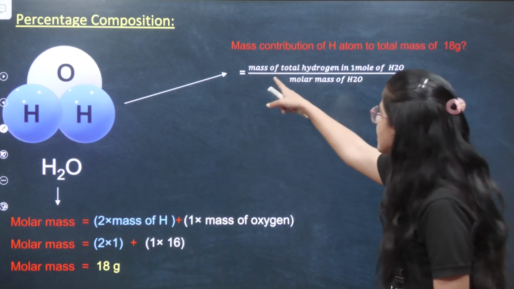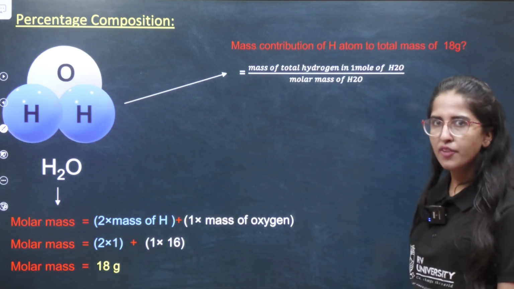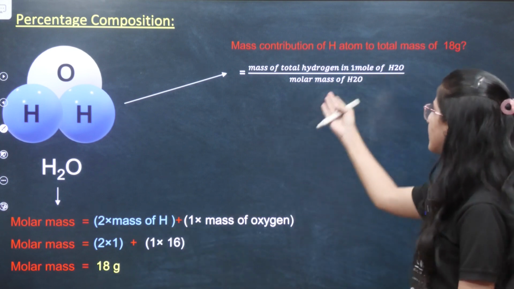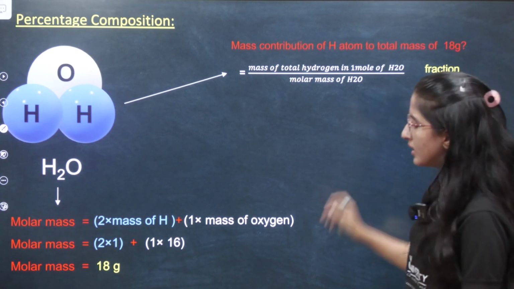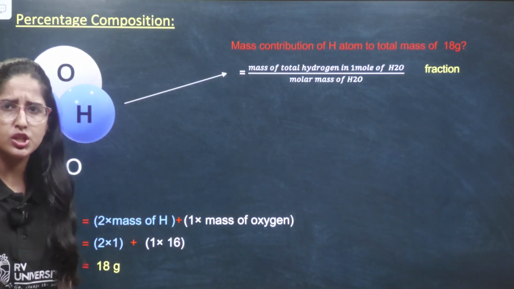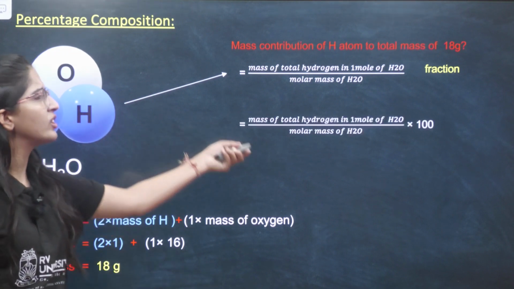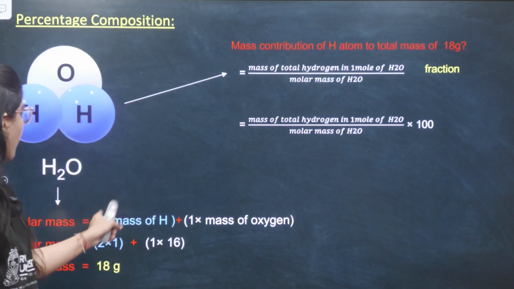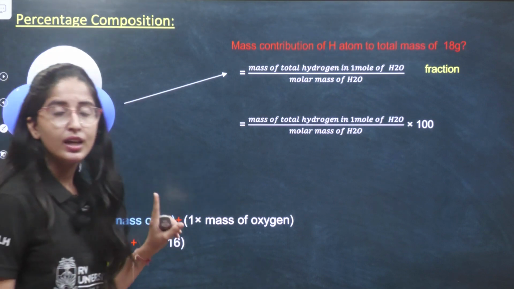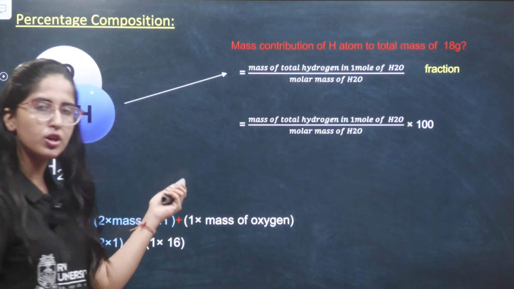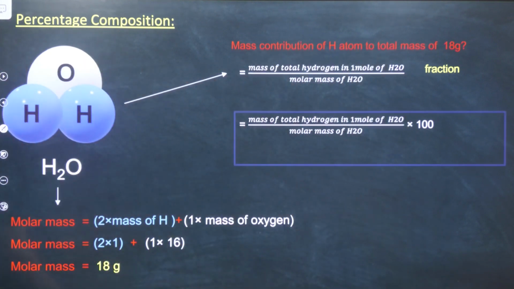So mass of total hydrogen in 1 mole of H2O divided by the molar mass of H2O. Then you will get a fraction. But it is a percentage composition, so just convert this fraction into percentage by multiplying it by 100. Similarly, you can do for oxygen also, correct? So it will be 16 divided by 18 into 100. That's all that percentage composition is about.